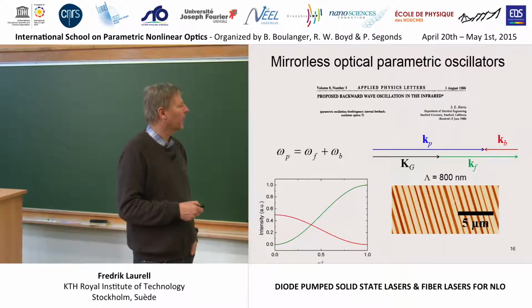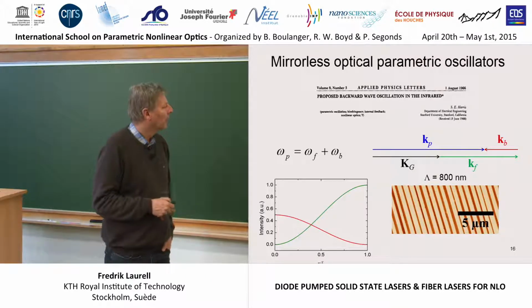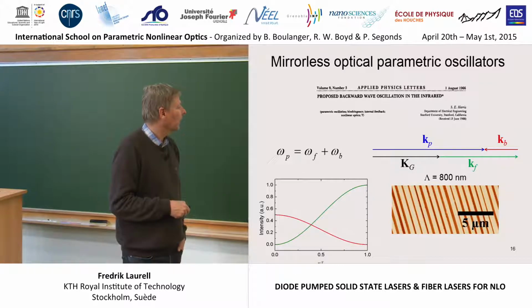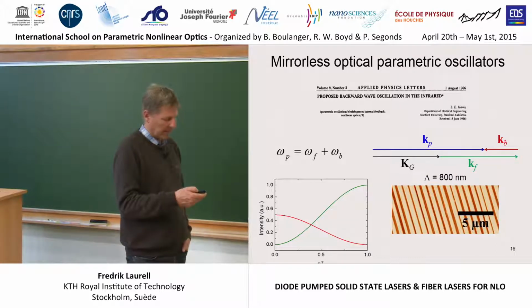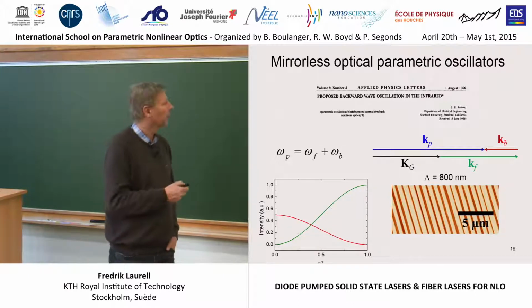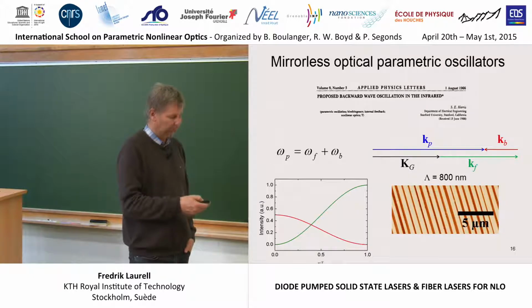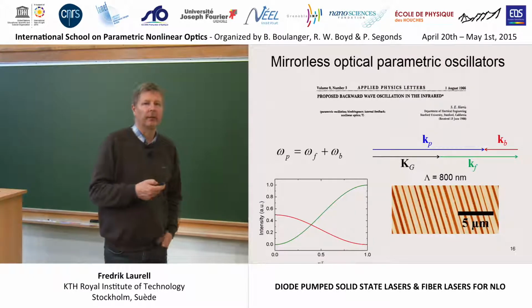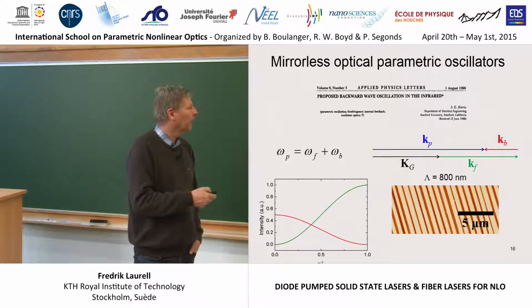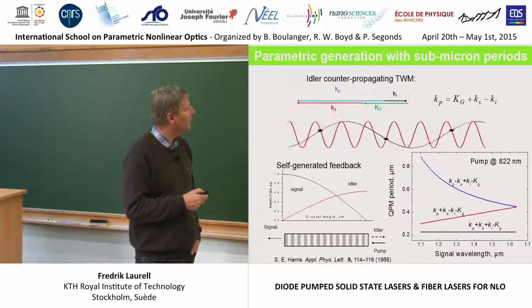So here is how this matches in this particular case. Then the signal will grow like this, and the idler will grow like that when you pump this one. And we call this a mirrorless optical parametric oscillator, because then you don't need any mirrors here. So it has some resemblance with, for example, Bragg lasers, but not exactly.